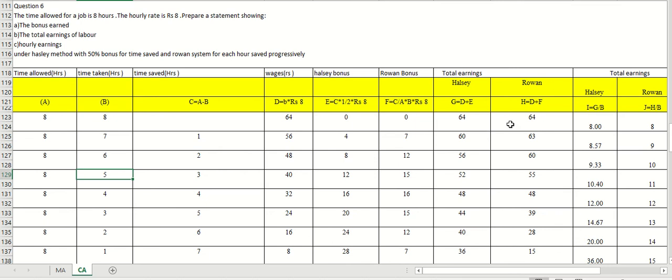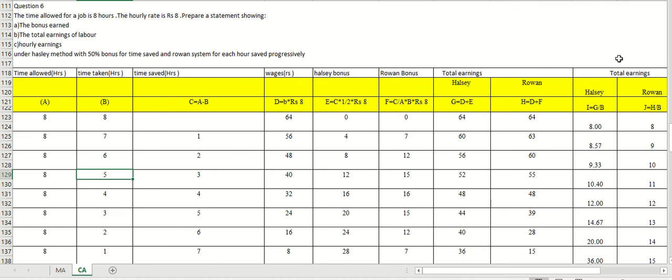And your total earnings under the Rowan method is wages plus Rowan bonus: 64 plus 0, 64, 56 plus 7, 63, 48 plus 12, 60, 40 plus 15, 55, 32 plus 16, 48, 24 plus 15, 39, 16 plus 12, 28, 8 plus 7, 15.